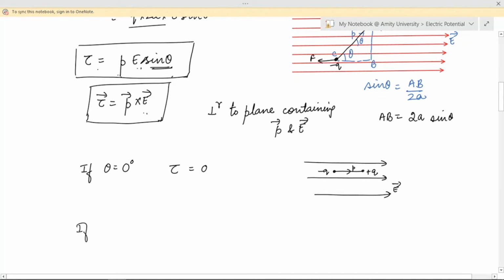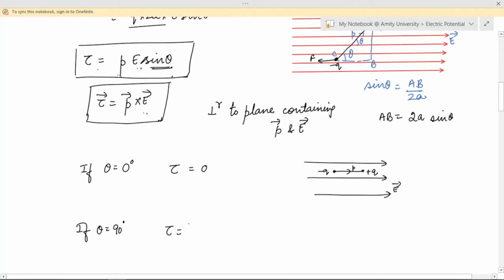Now let's say theta is equal to 90 degrees. We know that the value of sine 90 is maximum; the value of sine theta varies from minus 1 to plus 1.